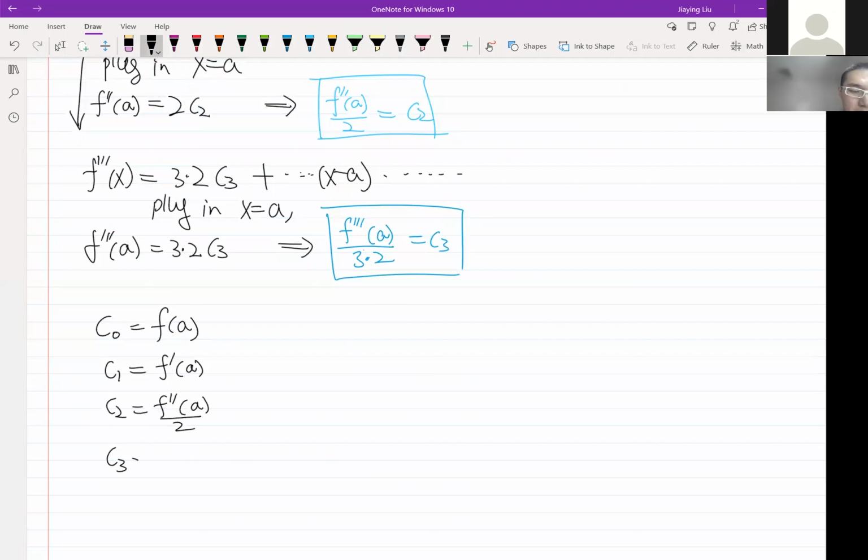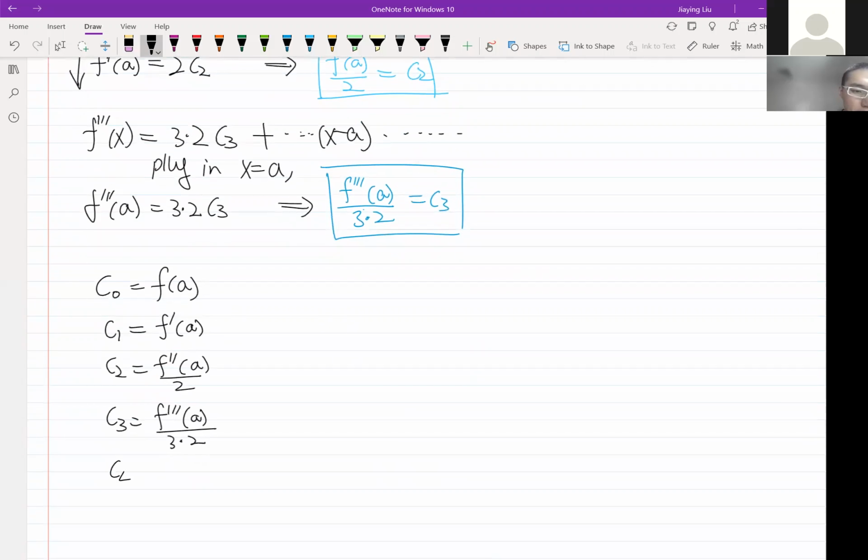And C3 equals f triple prime of a divided by 3 times 2. And it turns out that if you repeat this, C4 will equal the fourth derivative of f at a divided by 4 times 3 times 2. And this pattern continues.